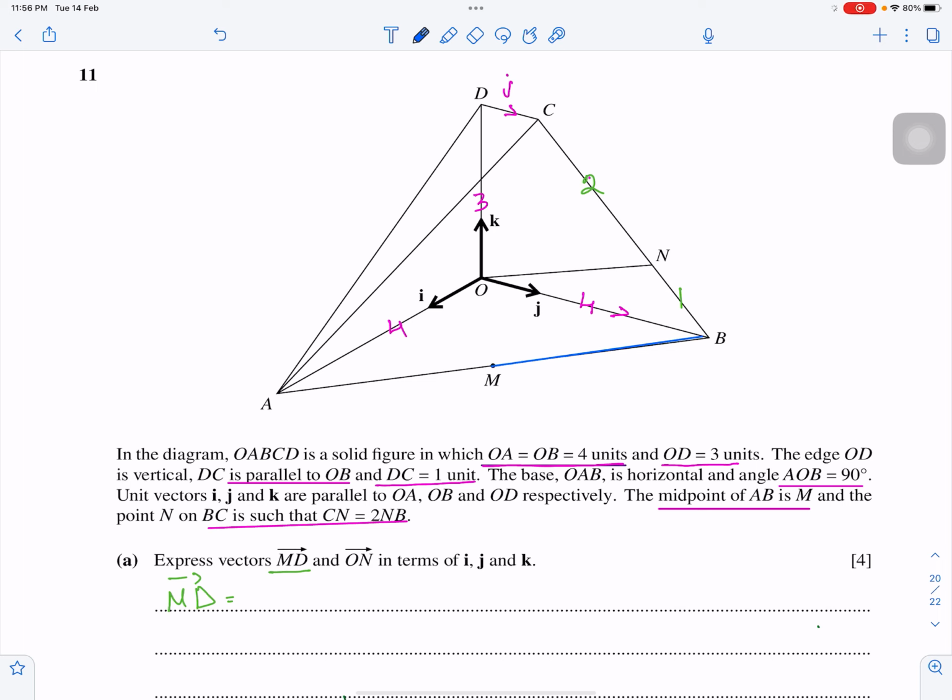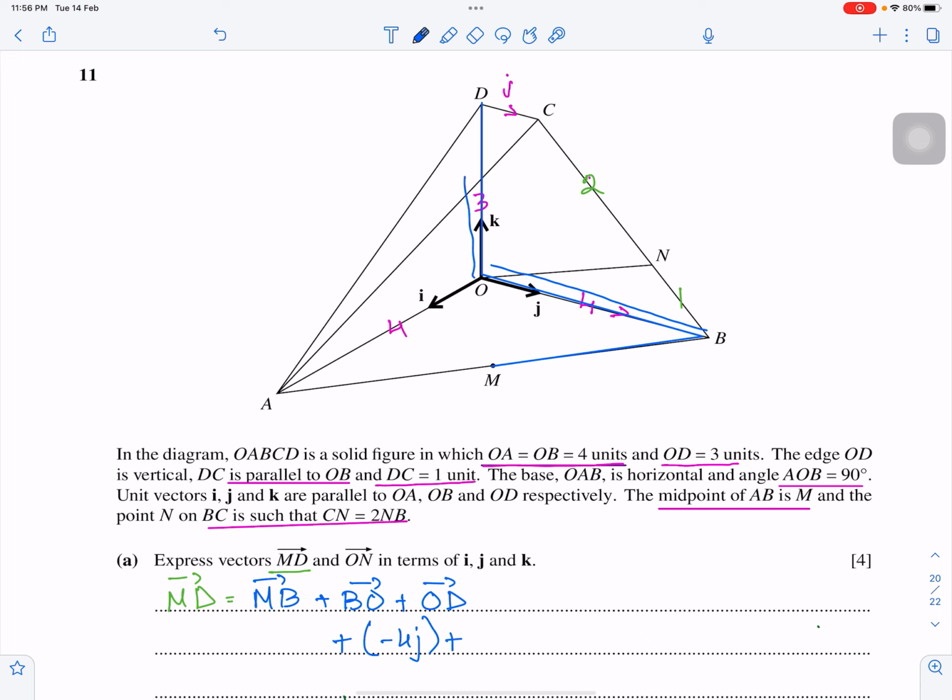So for M to D, I will go M to B first. Then from B, I will go B to O. Then from O, I will go to D. Now I will write down the vector along this. For BO, if you see, BO is in the reverse direction, so it equals minus 4J.